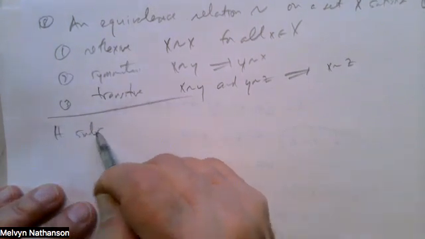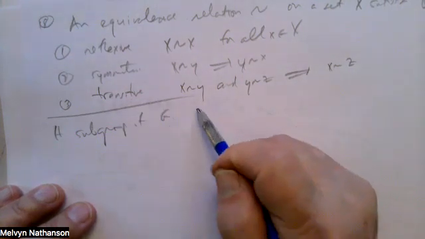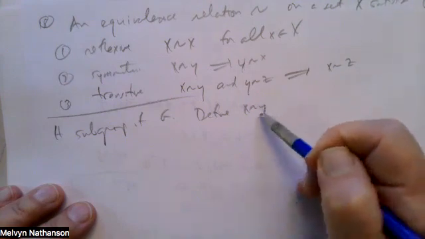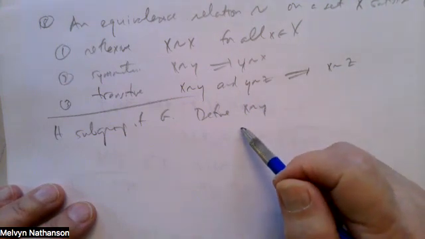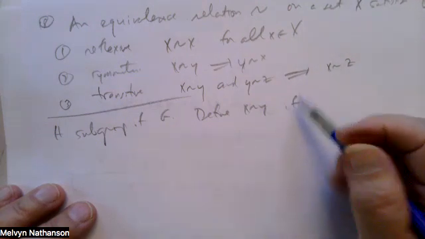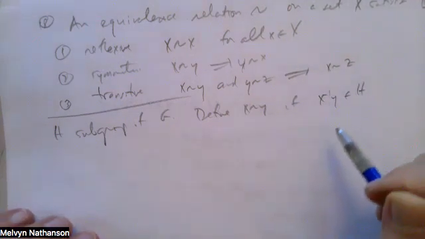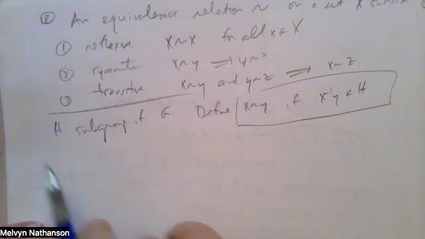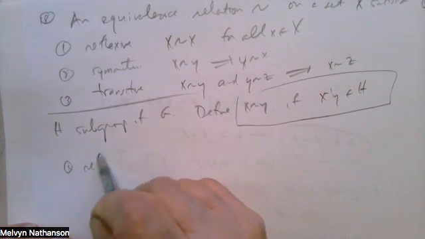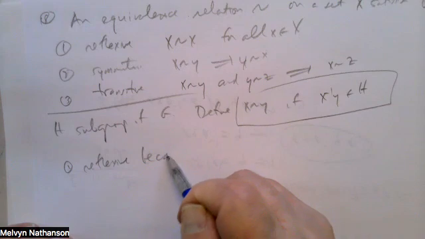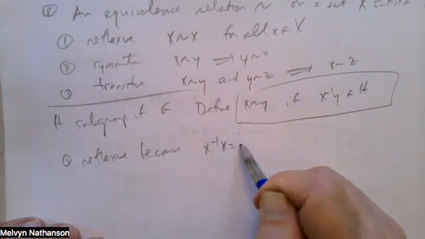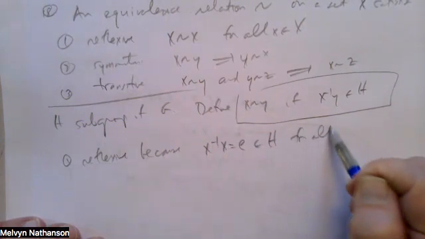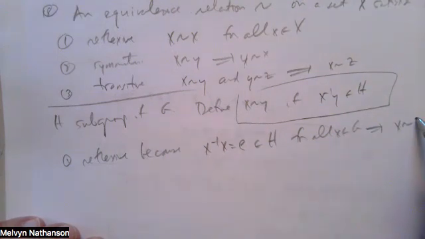So suppose H is a subgroup of G. We define x related to y in G if x inverse y is in H. So that's the definition of a certain relation on the group G. So notice this is reflexive because x inverse x is the identity, which is in H for all x in the group, which means x is related to x.